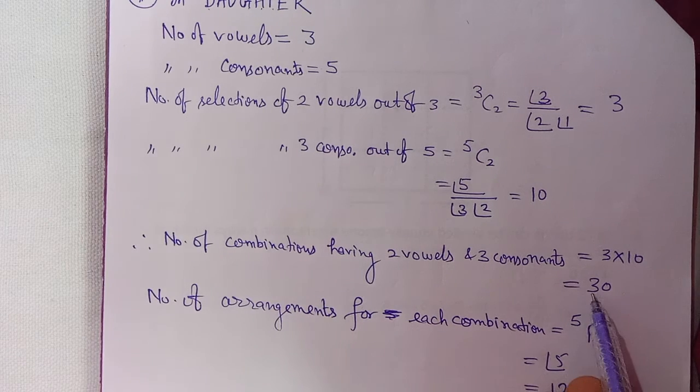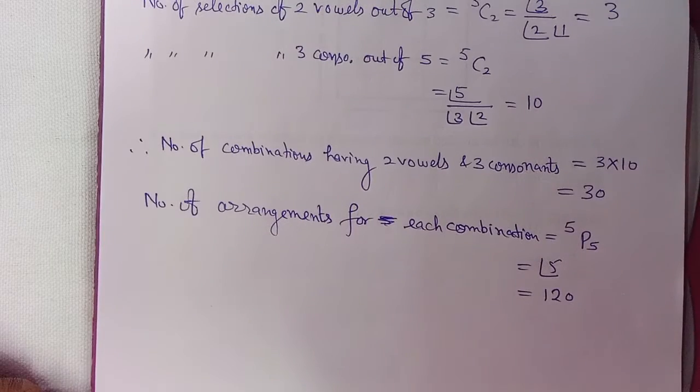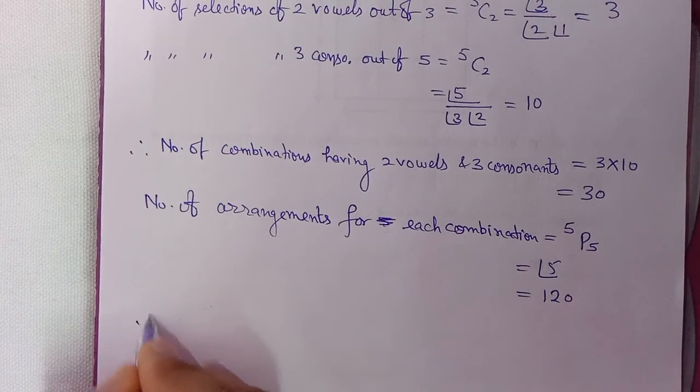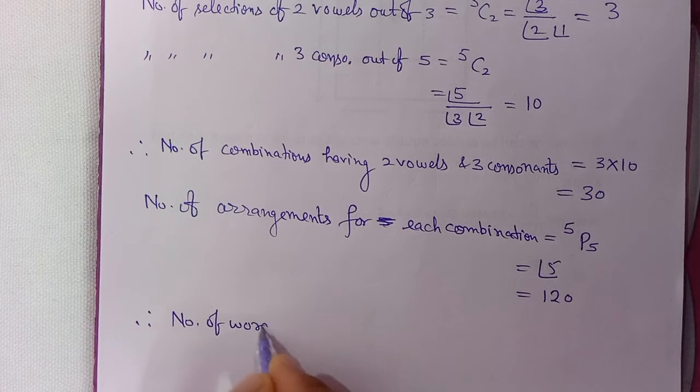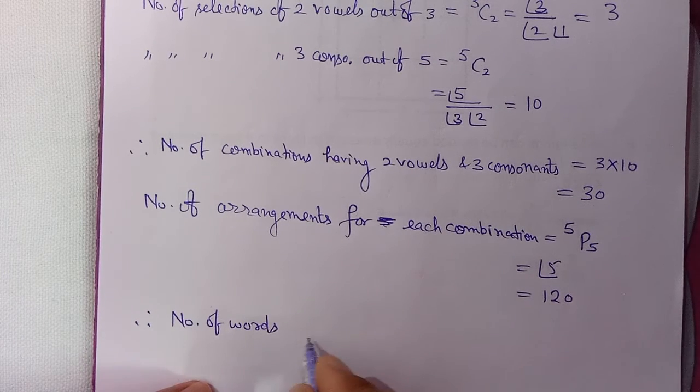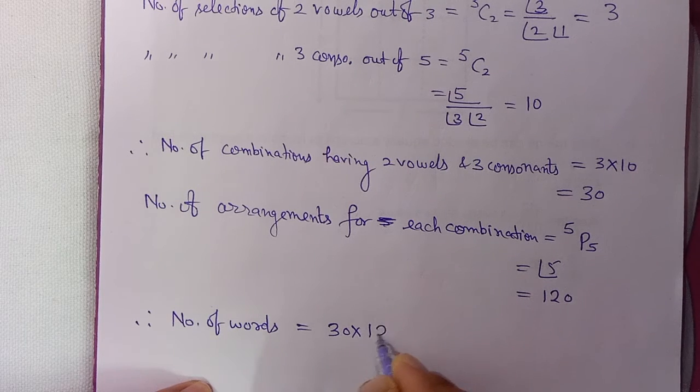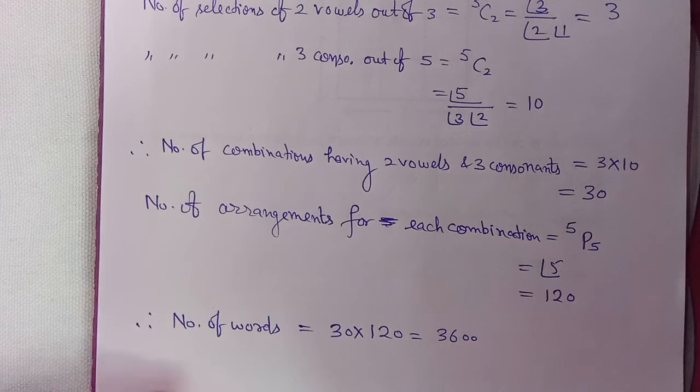We have 30 different combinations, and each combination can be arranged in 120 ways. Therefore, number of words using fundamental principle of counting is number of combinations into arrangements for each combination, that is 3600.